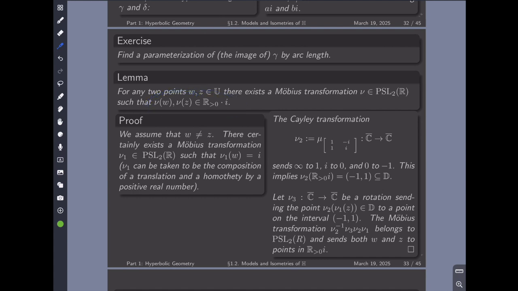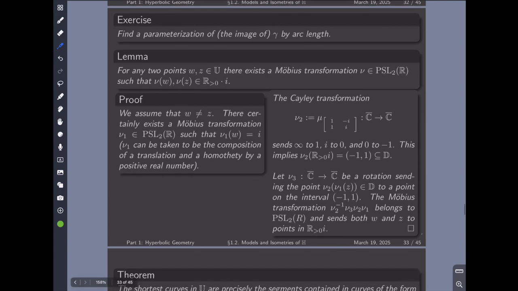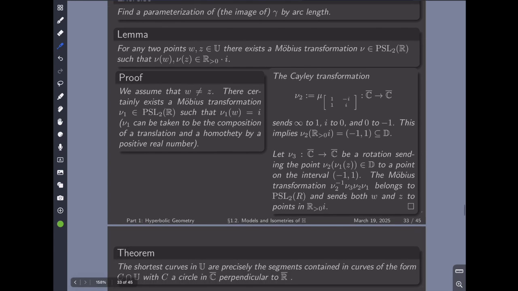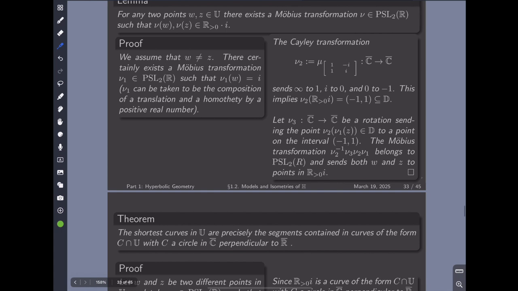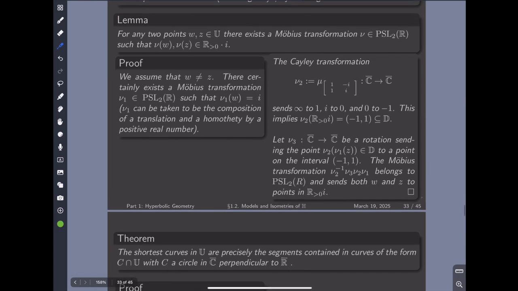So it's the exercise. I have 18 minutes. Let me give you the strategy very quickly. The first point is to put one of them on the vertical imaginary axis. This I can do through horizontal translations, that's easy enough.